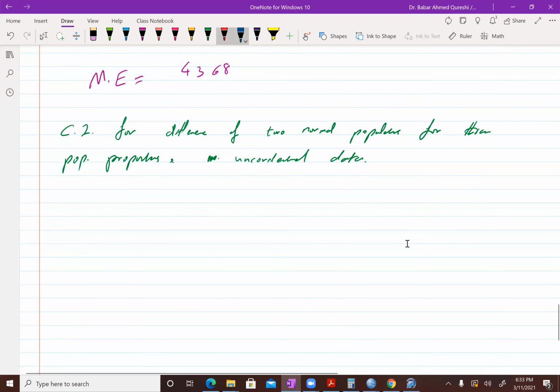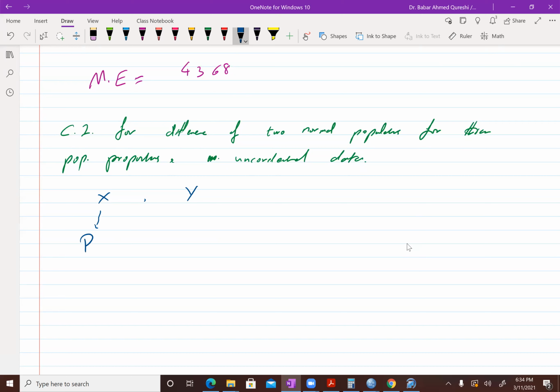So just like before, we have these two populations, X and Y, and you have a certain yes or no answer, and you want to check which population has a greater proportion of people agreeing or this variable being true in that population.